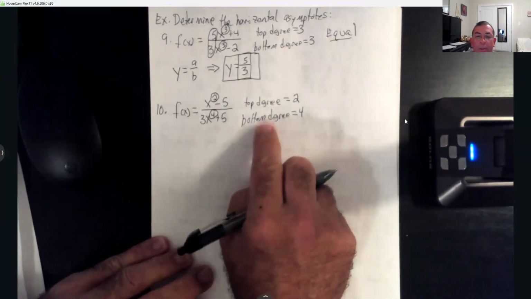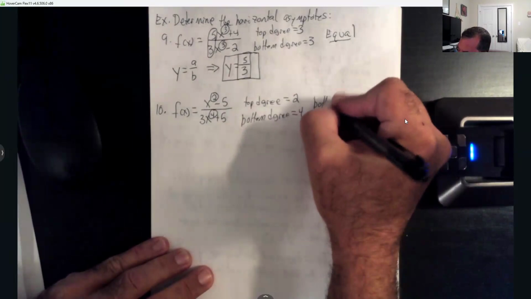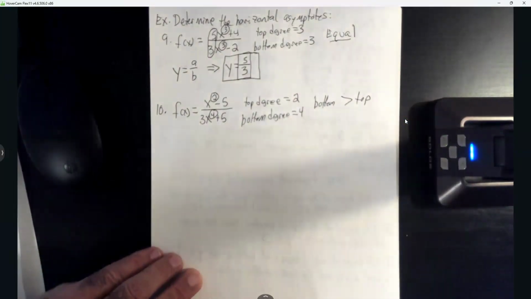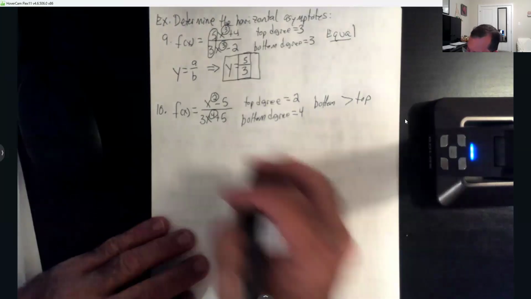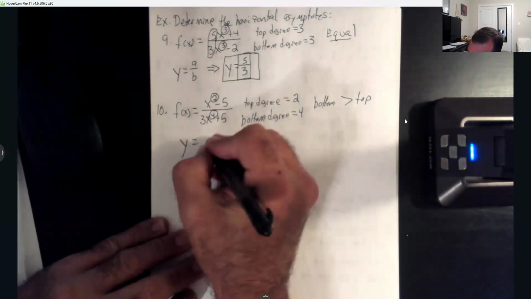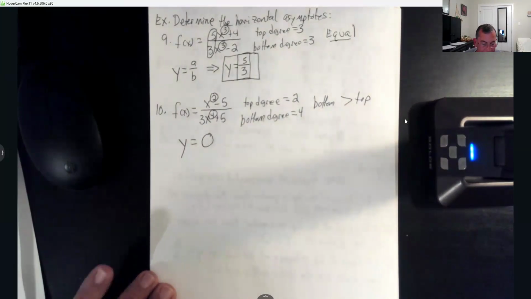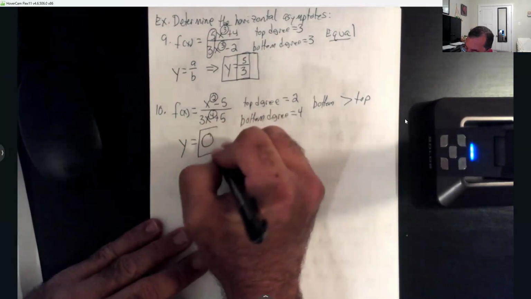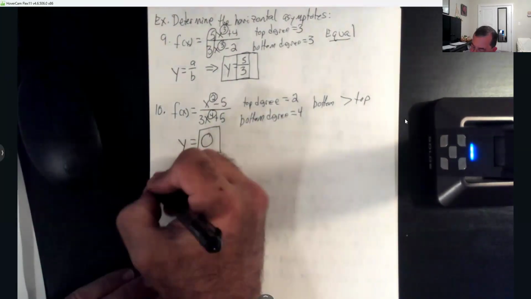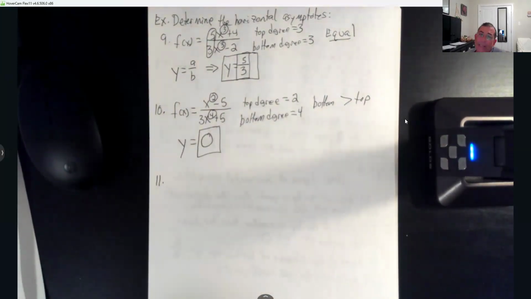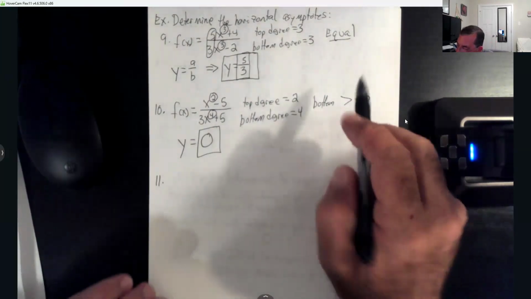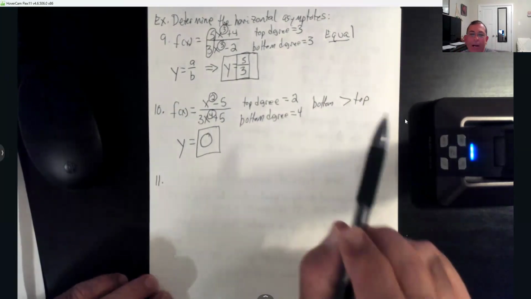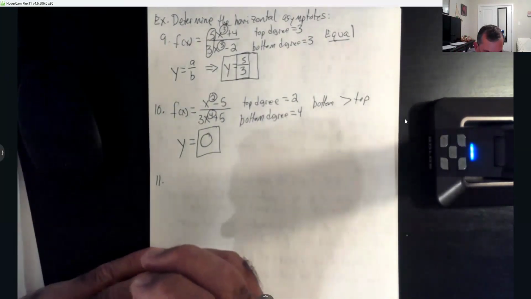So it looks like the bottom is greater than the top. So that's going to be y equals 0 automatically. Good job. And then let's see, so they put the y equals part, all y'all got to put in is the 0. So these ain't bad. You just got to go off them 3 cases and look and say, hey, am I equal? Is my bottom greater or is my top greater? Okay.